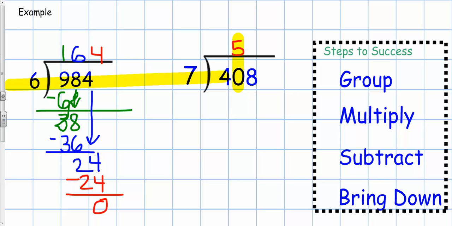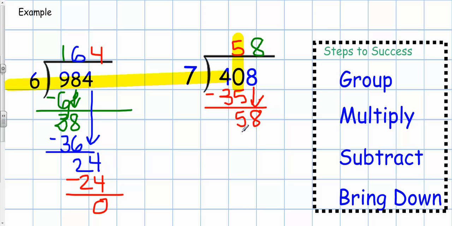Now, the same step: 7 times 5 is 35. So I am now subtracting 35. I end up with 5. My next step says that I need to bring down, so I'm going to bring down my 8. Now, how many times does 7 go into 58? Well, 7 times 8 is 56.